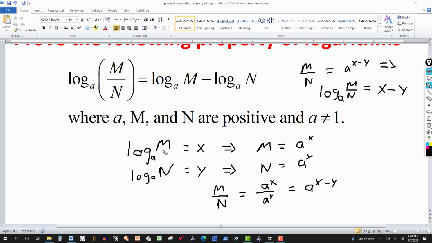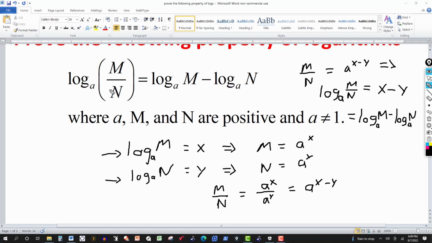Now we can go back to the substitution over here. This one and this one. We know that x is the log of m to base a, and minus y, and y is the log of n to base a.